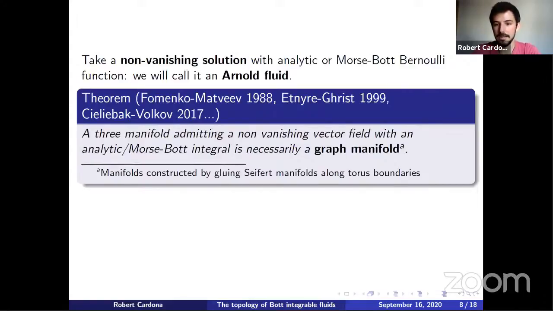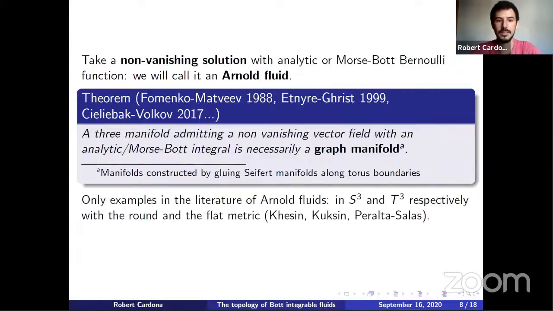And a graph manifold, for those who are not familiar with three-dimensional topology, is just a manifold constructed by gluing Seifert manifolds with boundary. And for those who don't know what a Seifert manifold is, it's just a manifold that can be foliated by circles. This, of course, doesn't cover all the three-manifolds. In fact, only a few of them, but some of the very well-known ones, as you might expect.